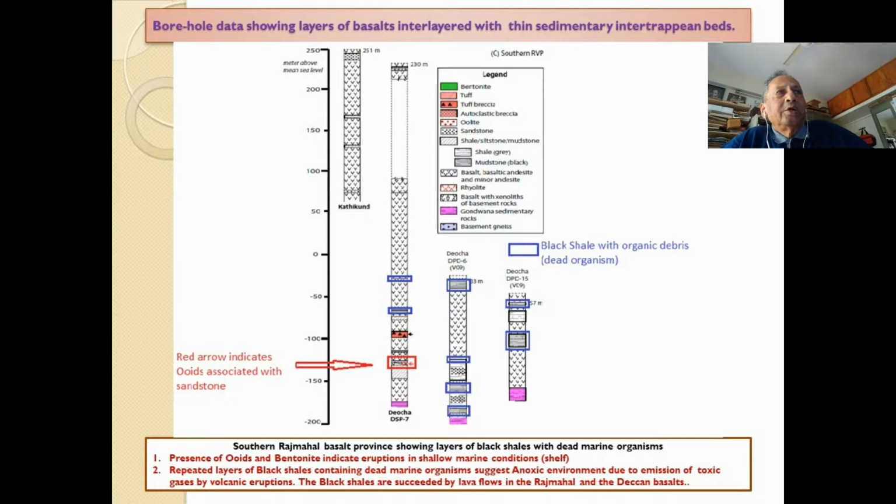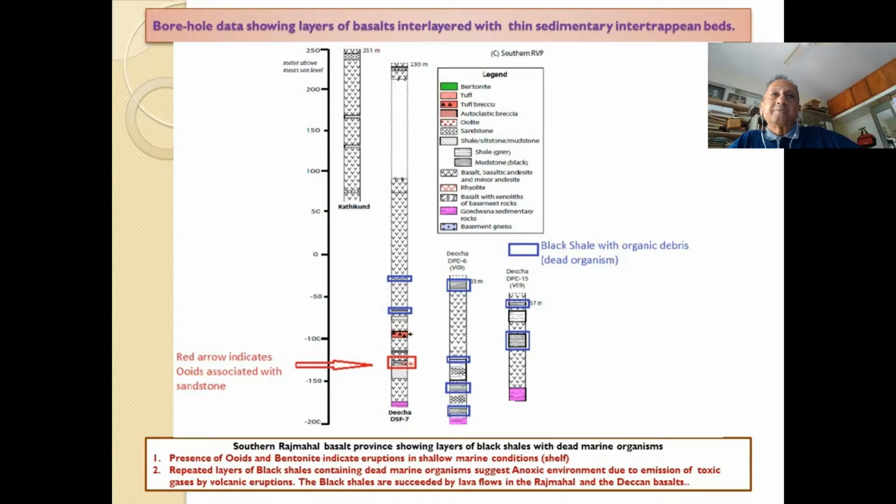We find the occurrence of whites indicated by a red arrow, and the blue rectangles showing the occurrence of black shales with organic debris of dead marine organisms.